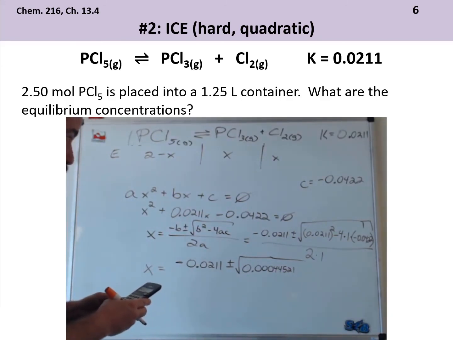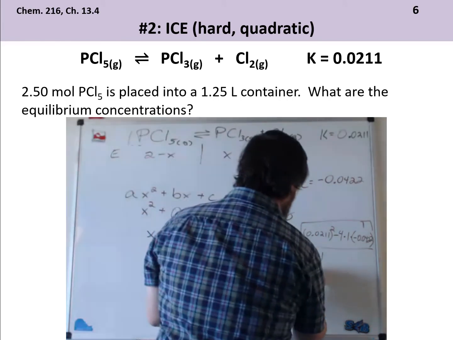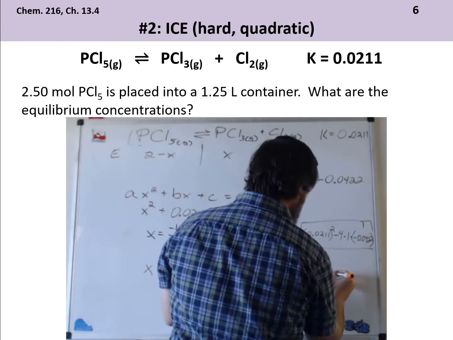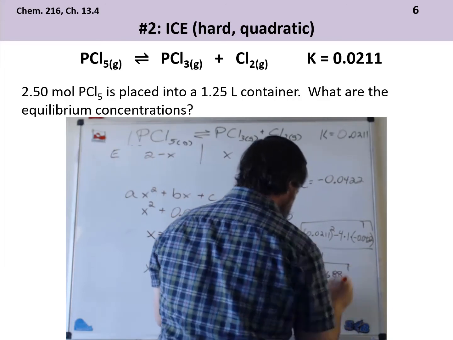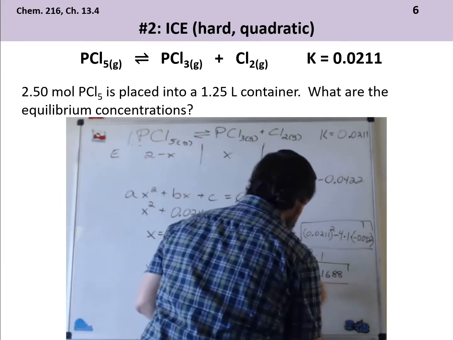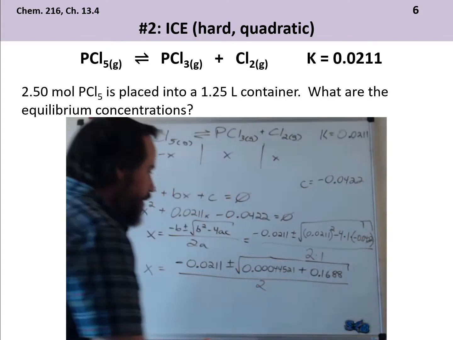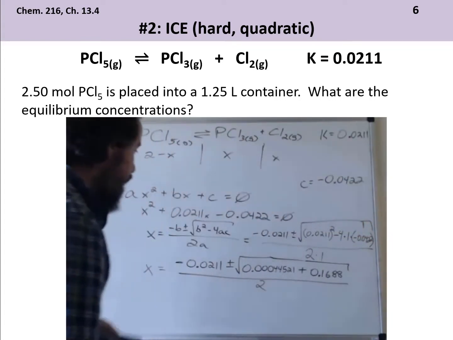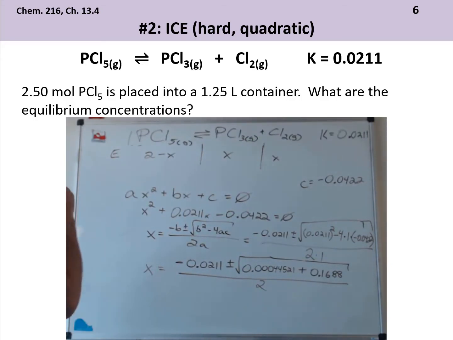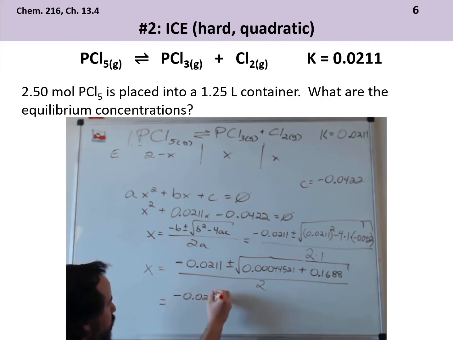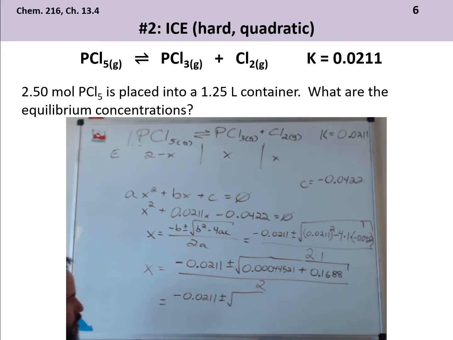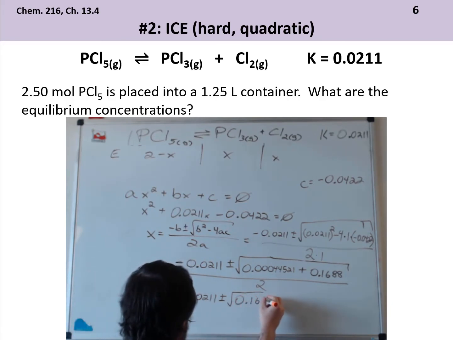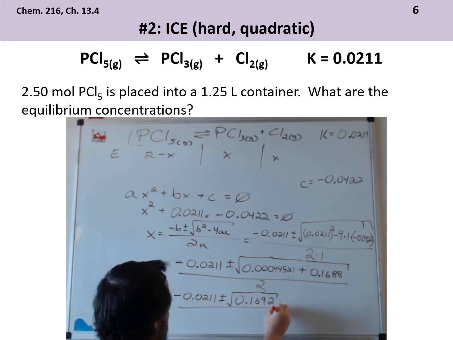Then 4 times 0.0422 plus, over 2. Going through that, this equals negative 0.0211 plus or minus the square root of 0.1692 over 2.